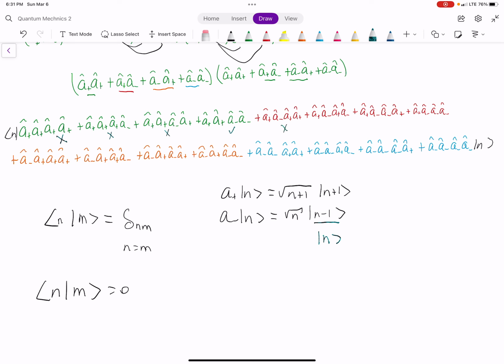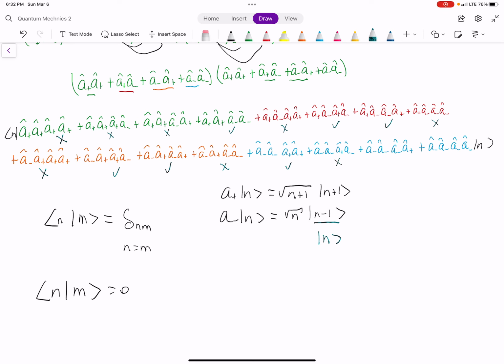This one would be n plus 1. It doesn't survive. This one survives. This one survives. This one doesn't survive. Hopefully this makes sense. This doesn't survive. This does. This does. This does not. This does.